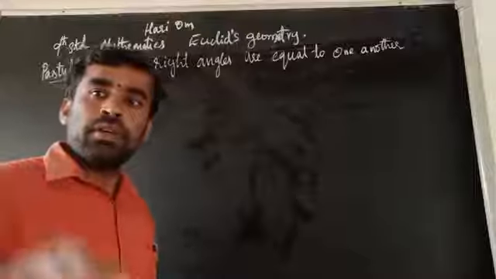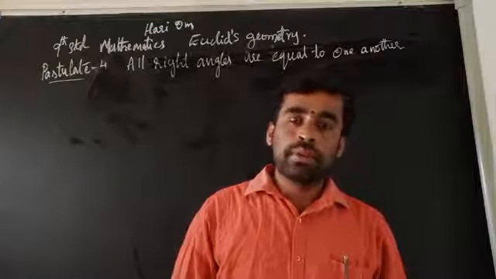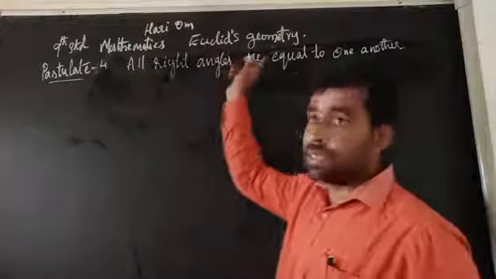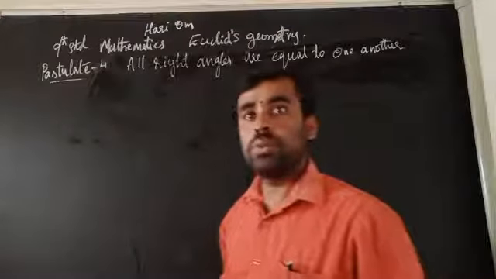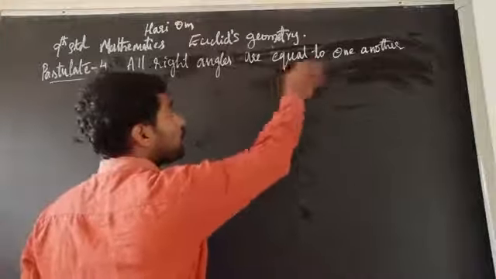Dear students, we have the next one, postulate number 4. All right angles are said to be congruent. That means all right angles are equal to one another.